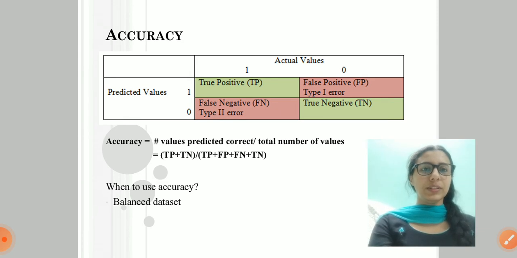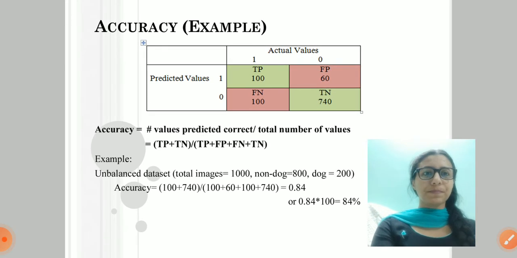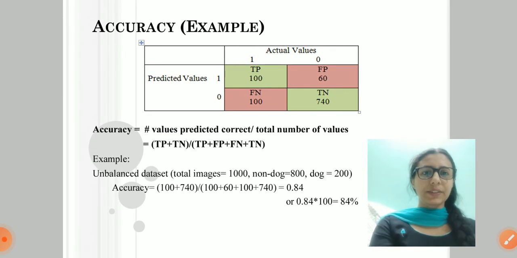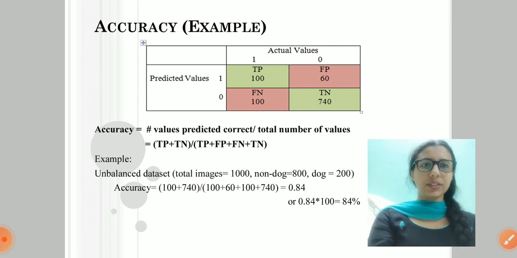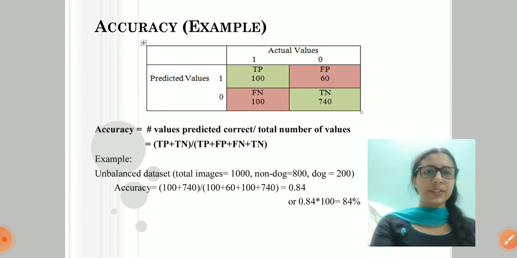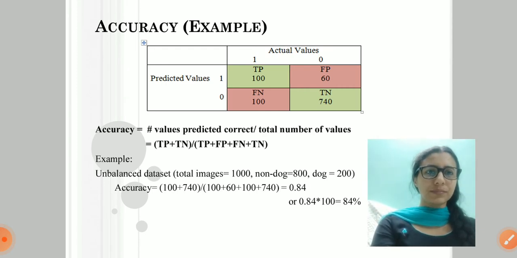So next is the example. Let's say we have an unbalanced data set in which the total images are 1000, and there are 800 non-dog images and 200 dog images. Out of the 800 images, 740 are predicted correctly and 60 are misclassified.